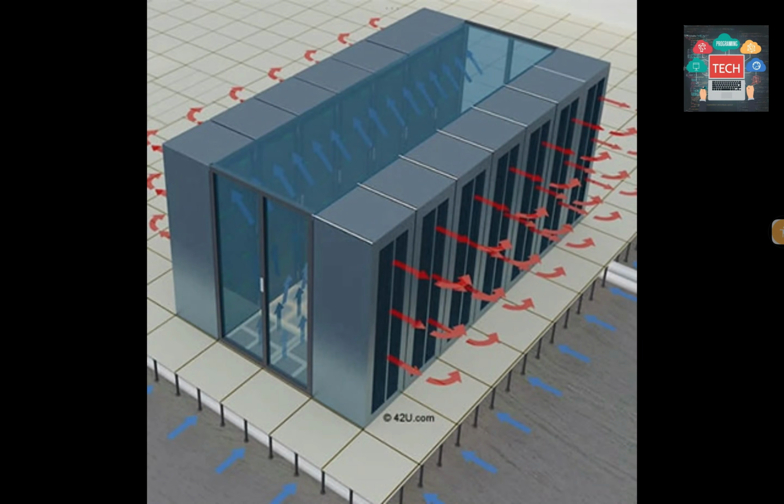Generally the cooling should be maintained between 16 and 25 degrees. If you maintain it, no static current will be generated, and your data center will be very good.